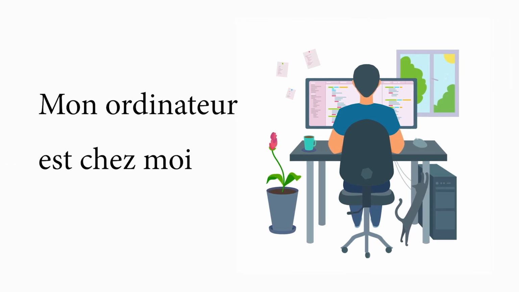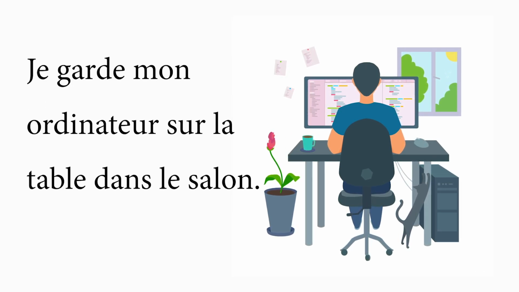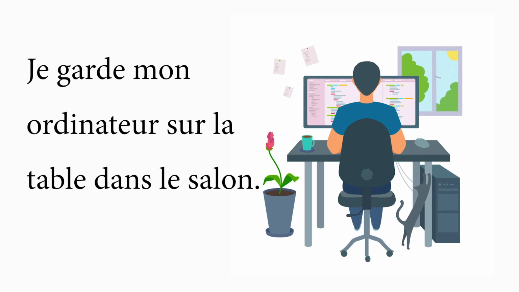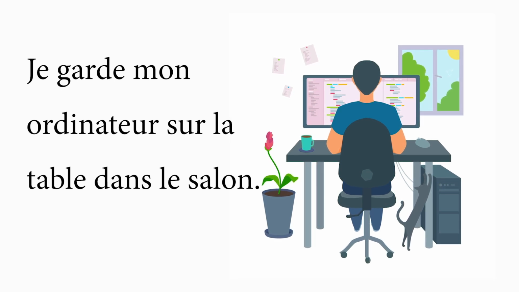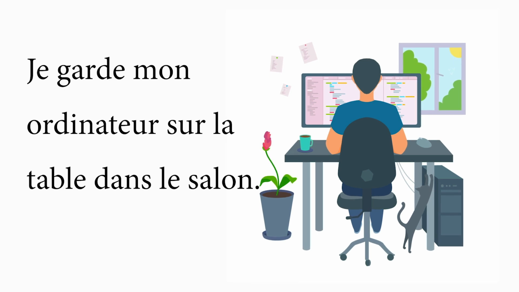We have learned in our previous lesson, chez moi, chez toi, chez lui, chez elle, chez nous, chez vous, chez eux, their home. So, mon ordinateur est chez moi. Je garde mon ordinateur sur la table dans le salon. Meaning, I keep my computer on the table in the drawing room.